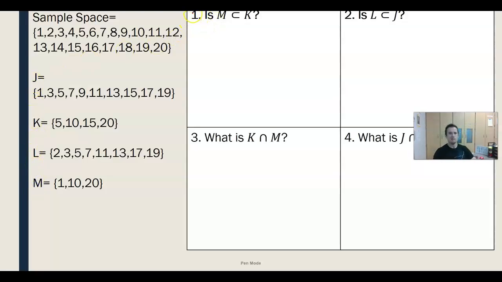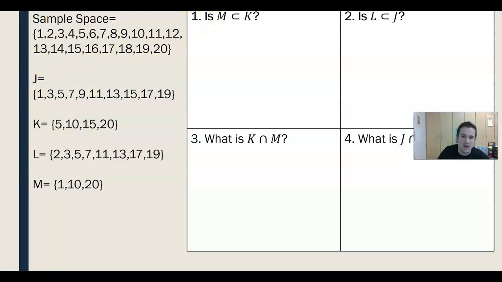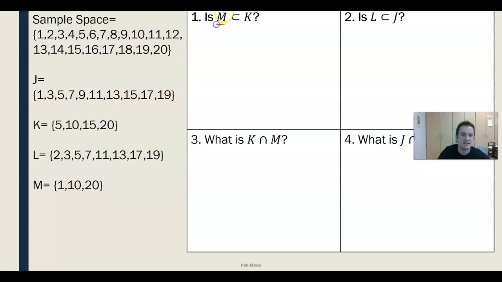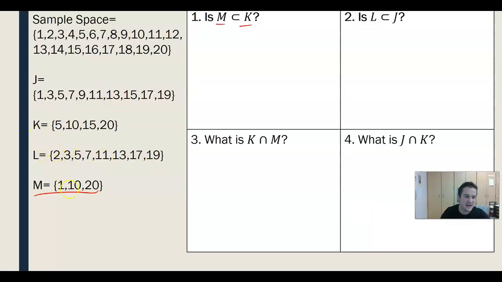Okay, so first question: is M a subset of K? Remember this horseshoe on its side means a subset. Looking at set M, what a subset means is every element of set M must also be in set K. Well, let's check.